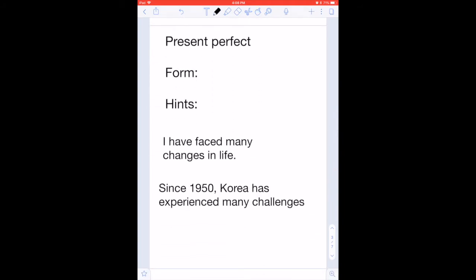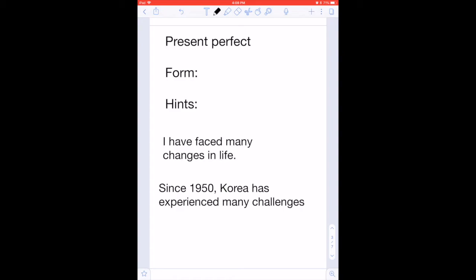So coming to present perfect. Present perfect is basically something that happened in the past and that continues until the present time. And it can also be an action that happened at a time that is not definitely stated, and also an action that ended recently.